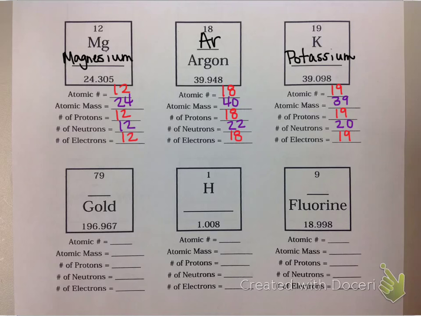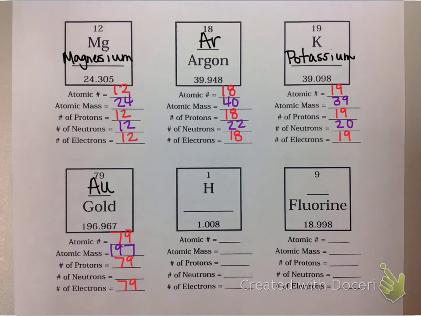Okay, gold, the element symbol for gold is Au. My atomic number is 79. That means I have 79 protons and 79 electrons. My atomic mass is 196.967, so I'm going to round that to 197.